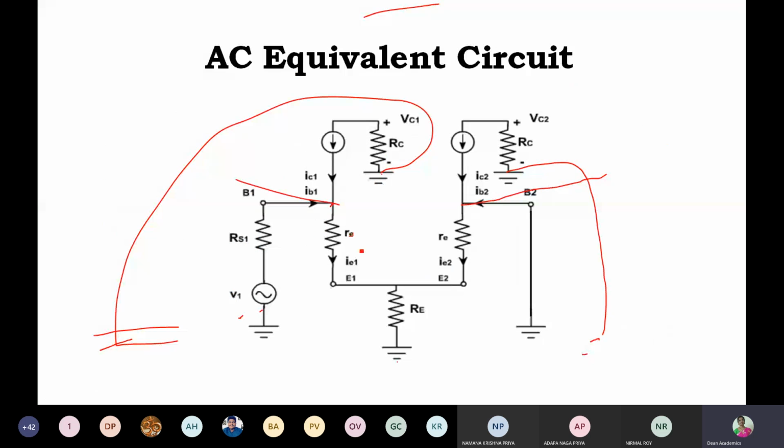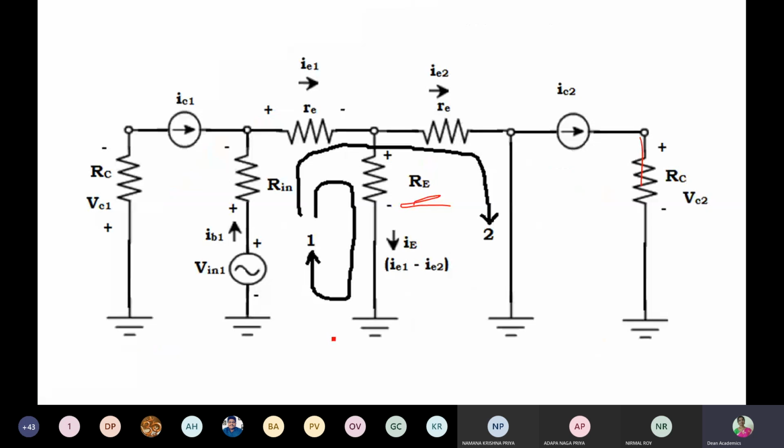You see RE and this resistor RA, and from this junction ground, and from this junction IC2 and RC we have drawn. Similarly this RA and this RA on the left side, and from this junction R in 1 and V in, and from the same junction IC1 and RC. That is what I have drawn, right?